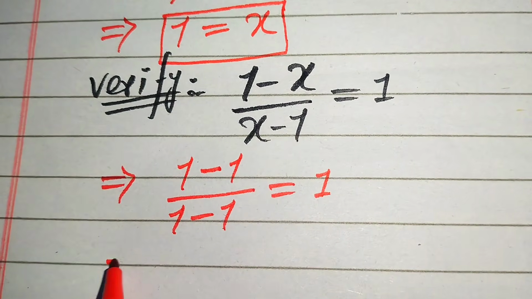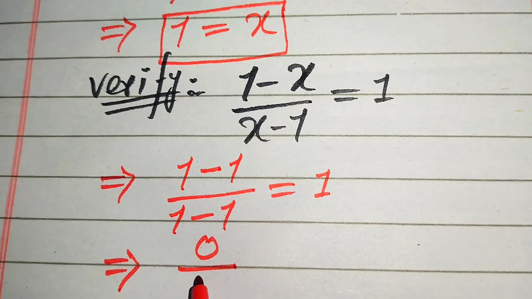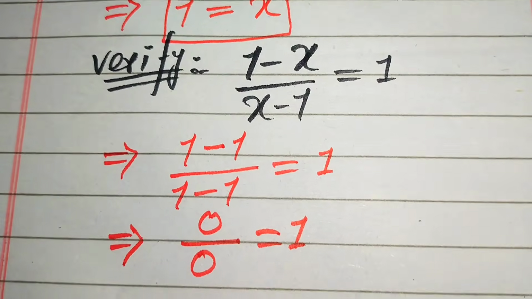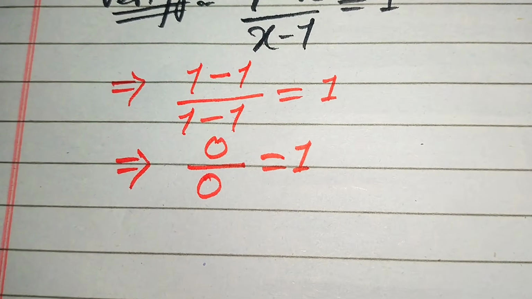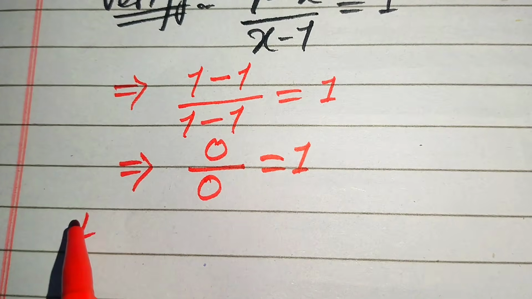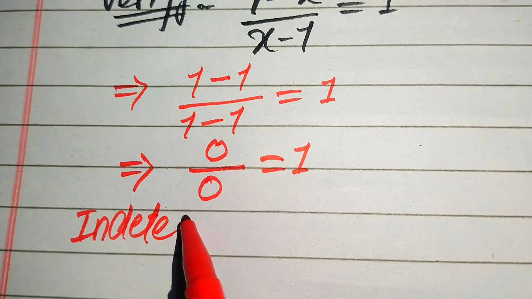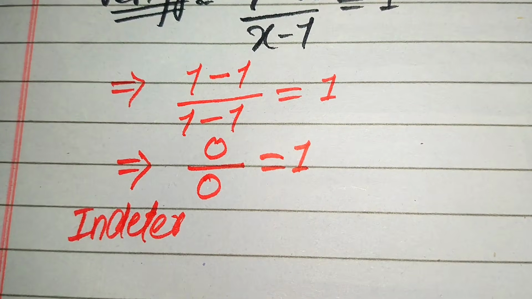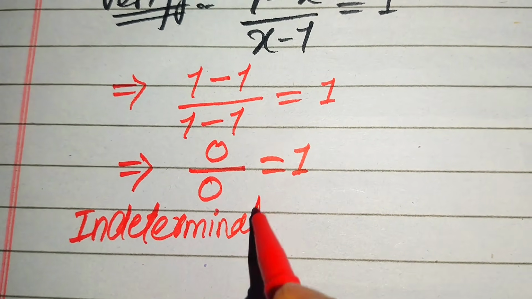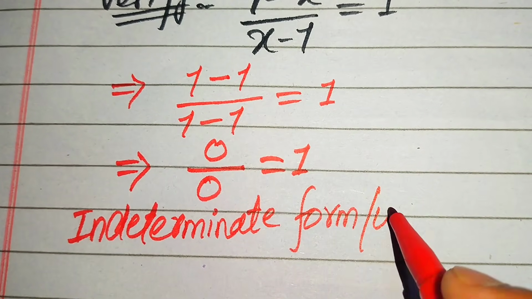And now here you see that 1 minus 1 becomes 0, and this 1 minus 1 also becomes 0, is equal to 1. So you see that our left hand side becomes 0 over 0 form, and usually we call that the indeterminate form, or in other words we say that it is the undefined form.